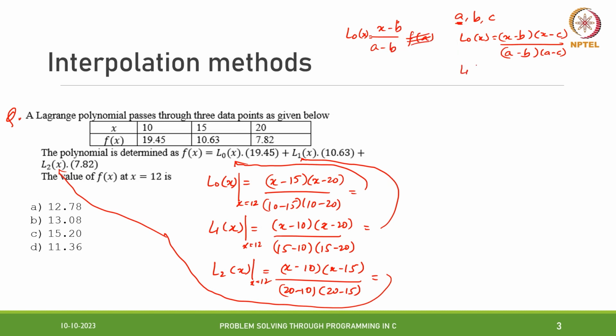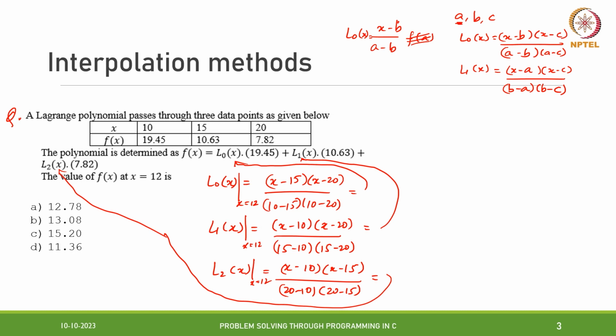Similarly, when we are at b, L1 of x is related to b. So we write (x - a)(x - c) / ((b - a)(b - c)). That is what we have done here. You can calculate all of this and put it into the formula for the polynomial, and then calculate the final answer.